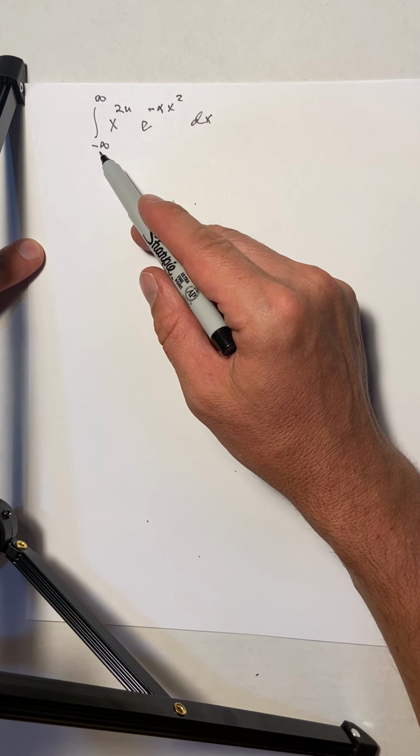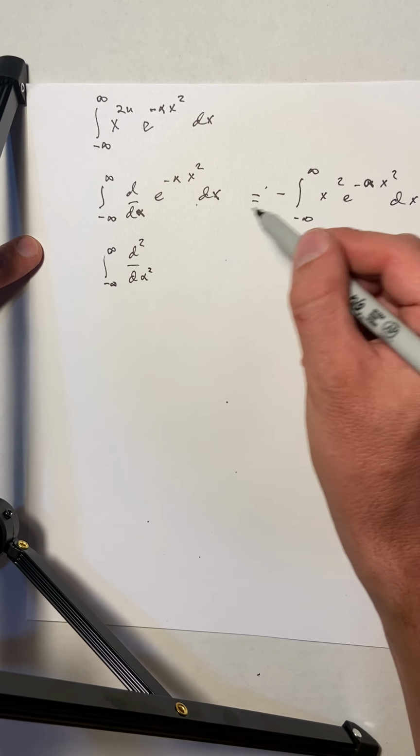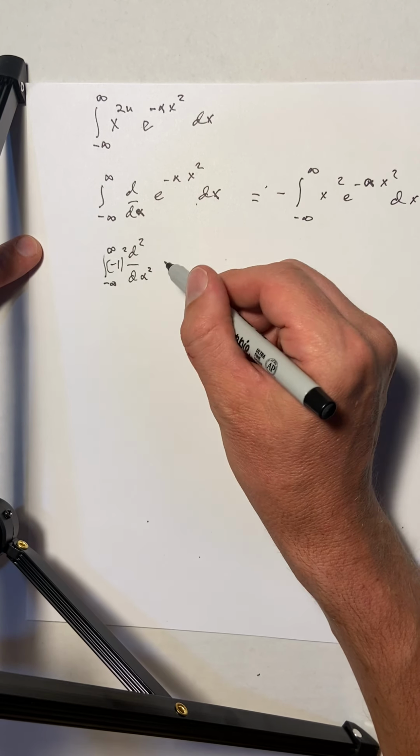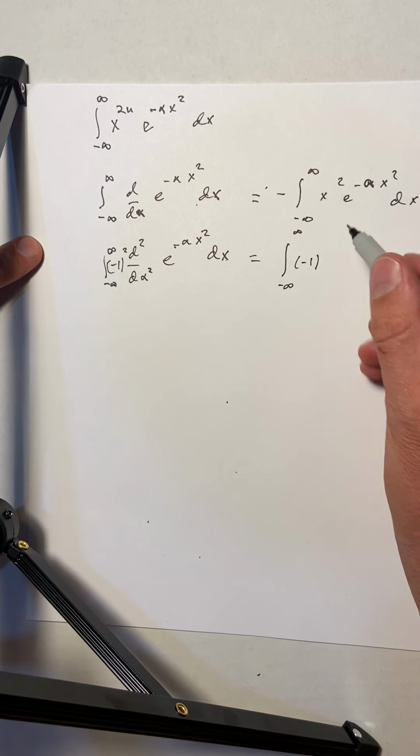If I repeated that, say with two derivatives with respect to alpha, since there's a minus sign that gets picked up, let's put a minus 1 squared. If I take the first derivative, I will end up with minus 1, because I'll bring down a minus sign, and that will cancel one of the minus signs here.